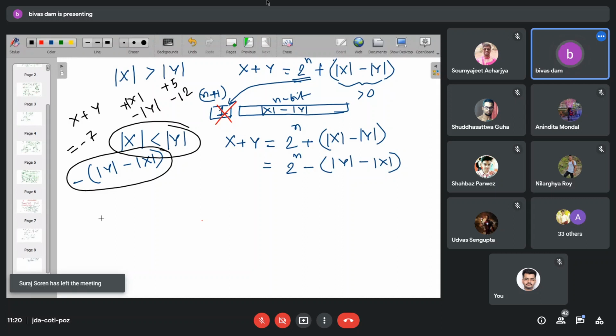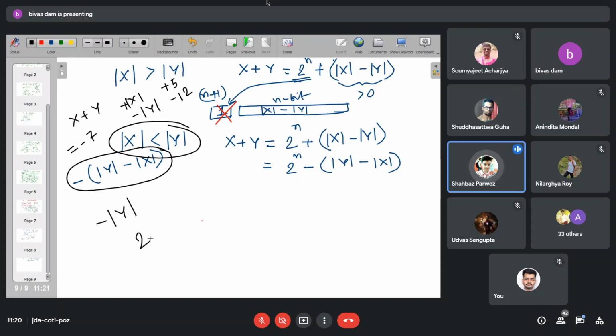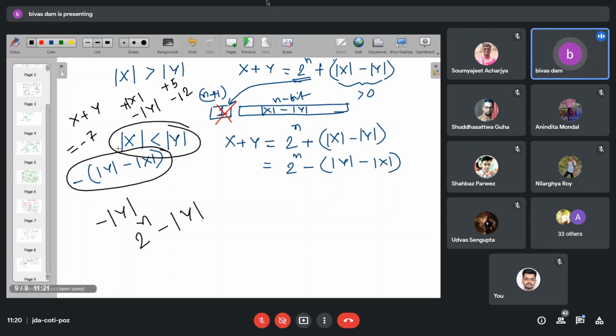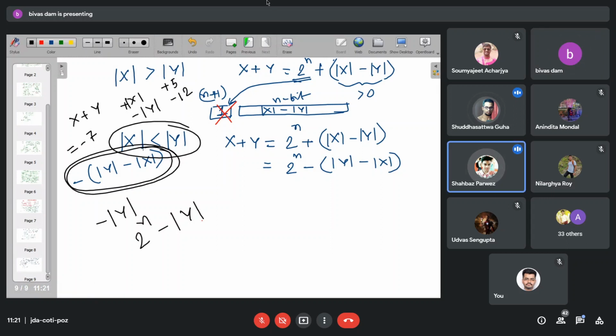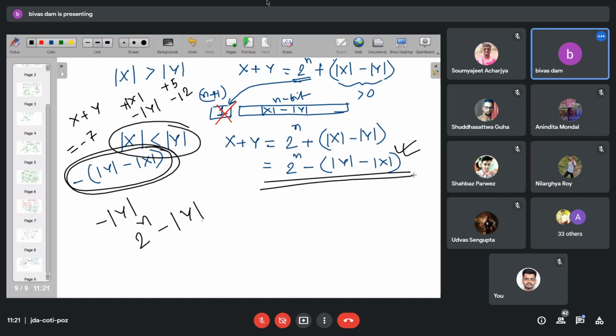For minus of mod y, the 2's complement representation is 2 to the power n minus mod y. So what will be the 2's complement representation of minus of this? 2 to the power n minus that quantity. That already you have obtained. Is it not? Yes, sir.